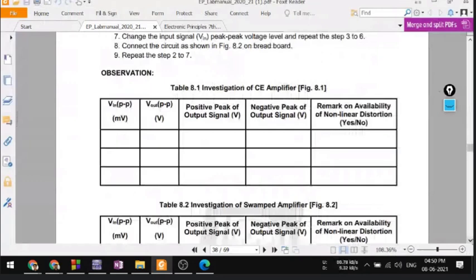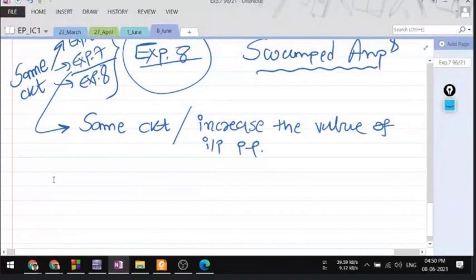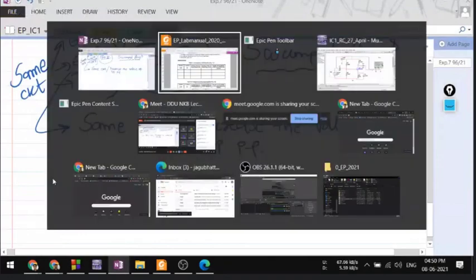Where to note it down? Here the observation table is given, so we have to fill up this observation table. Let me show you.